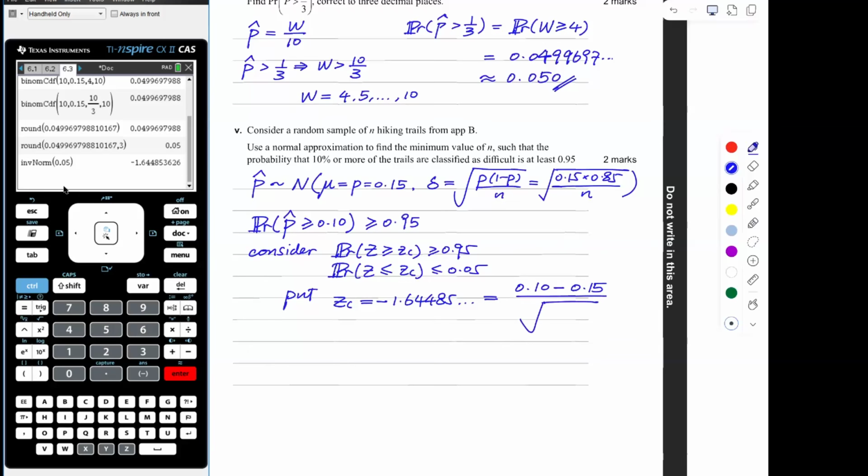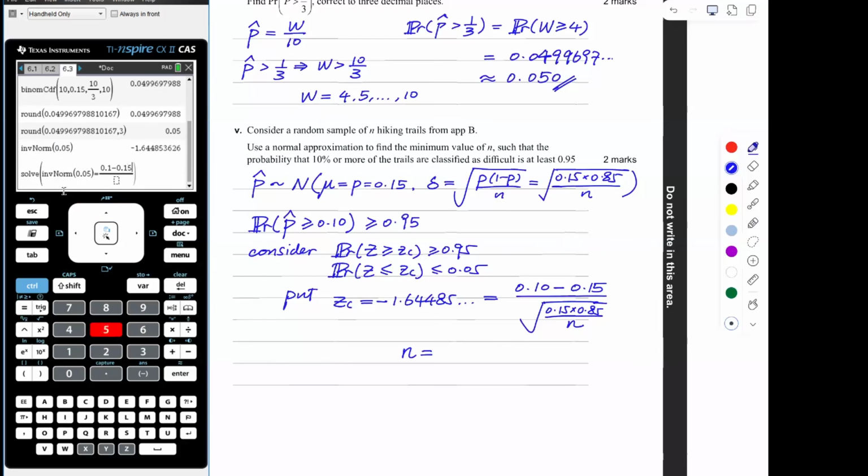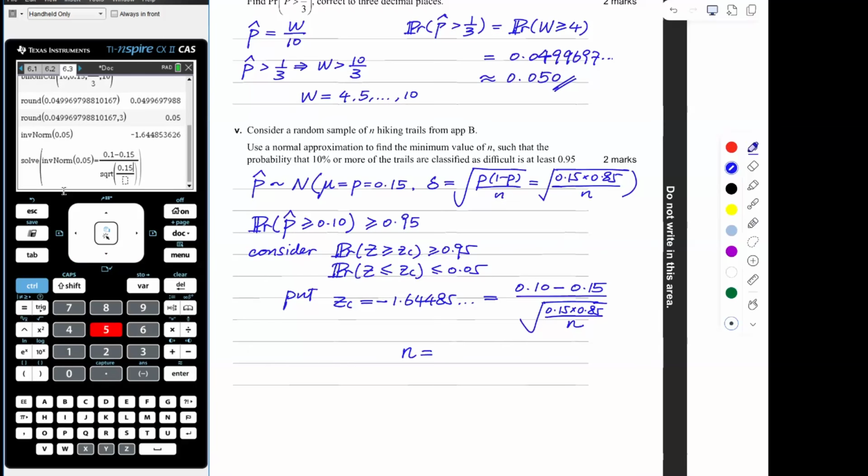Because this time we are using a normal approximation, 0.1 minus 0.15 divided by the square root of 0.15 times 0.85 divided by n, comma n. So you actually get n equals 137.9827. Rounded to the nearest integer, we will get 138, okay?